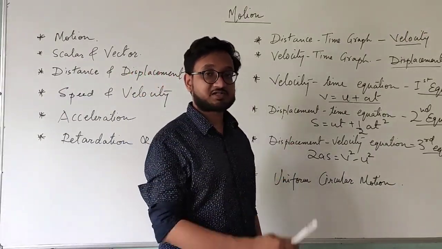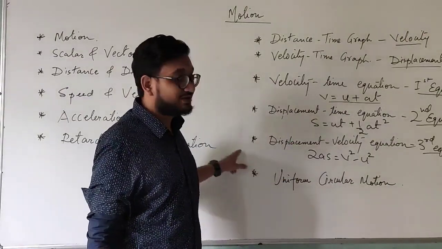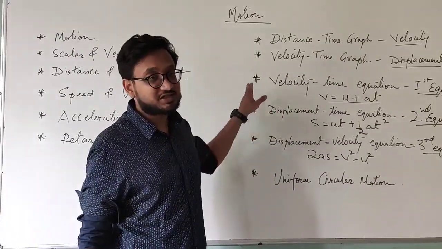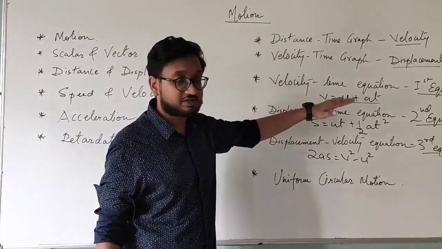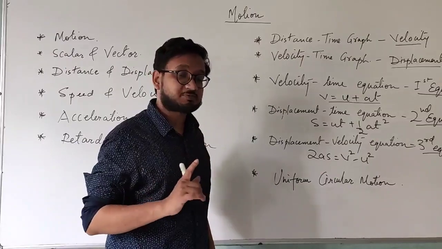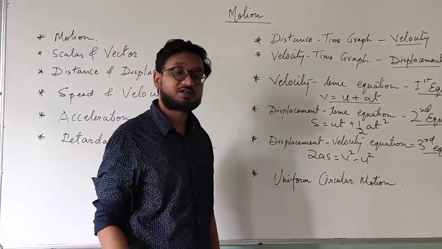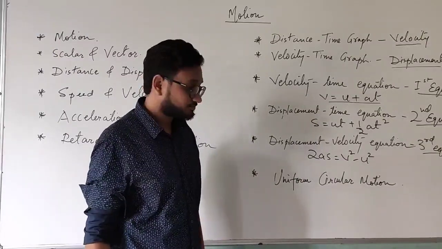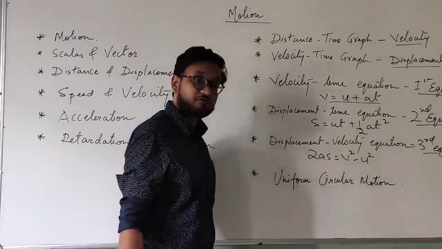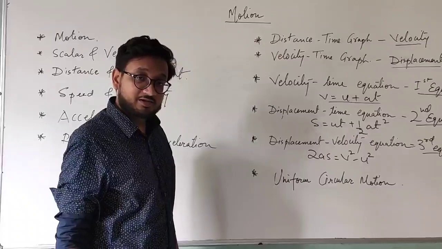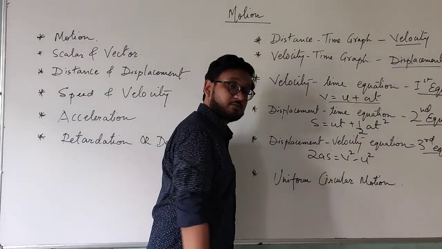Velocity has a specific direction. If the object is in a circular path, it is changing its direction continuously at every single point. That means it does not have a specific direction, and hence the object in circular motion is moving with uniform speed.